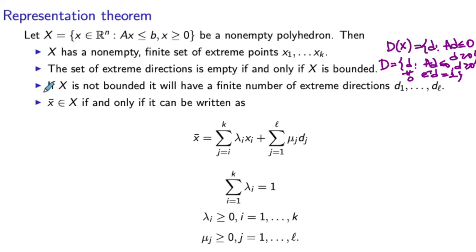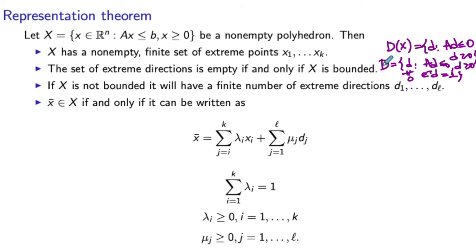Then the next statement we have here is that if X is not bounded, it will have a finite number of extreme directions d1 through dl for some L. So why is it the case?